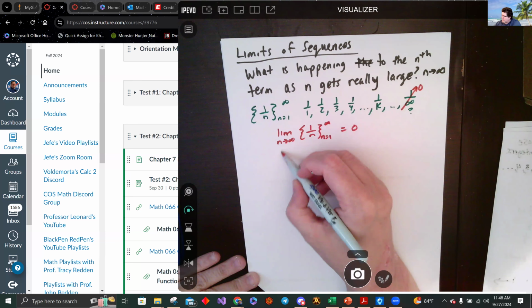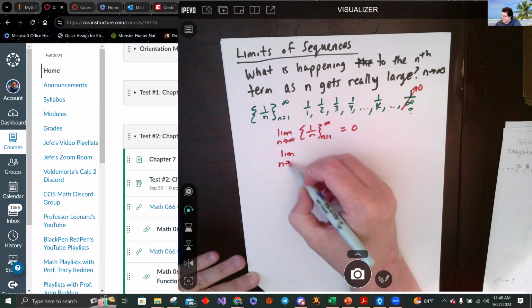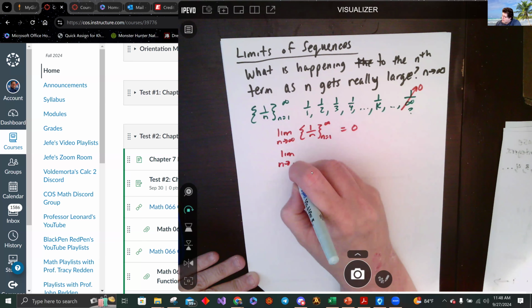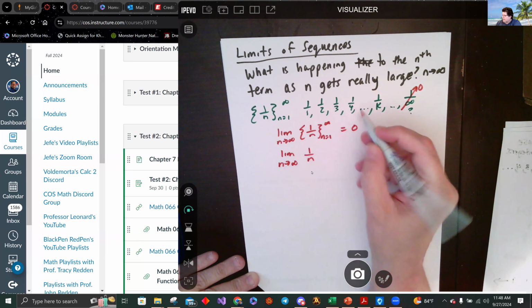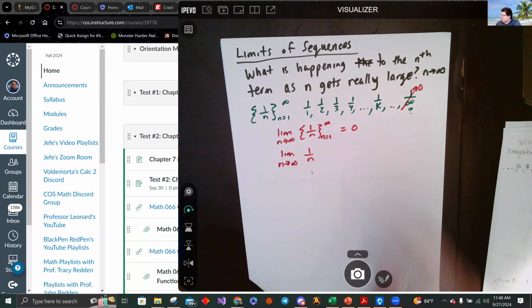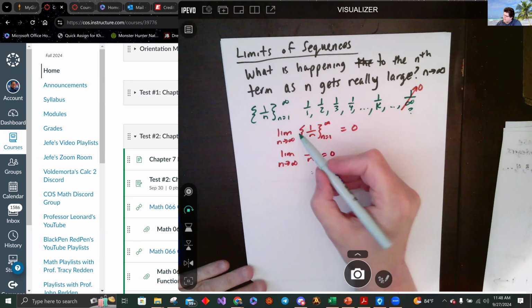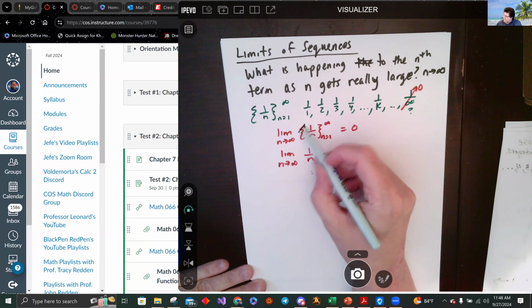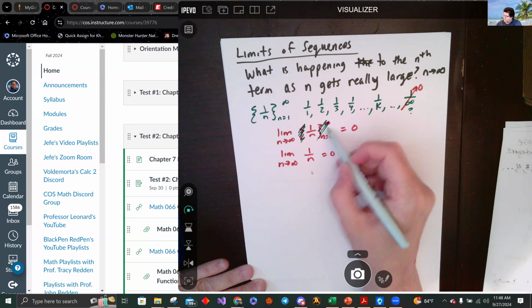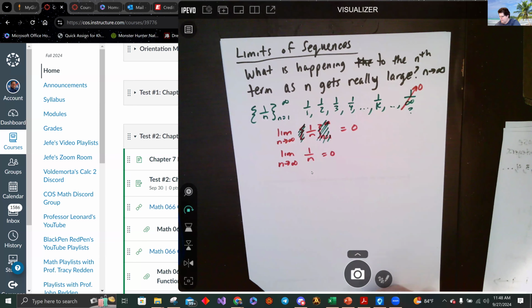Let's just write limit as n goes to infinity of 1 over n. And I don't need the curly brace, because it's kind of implied. Because that's what we do with n's.